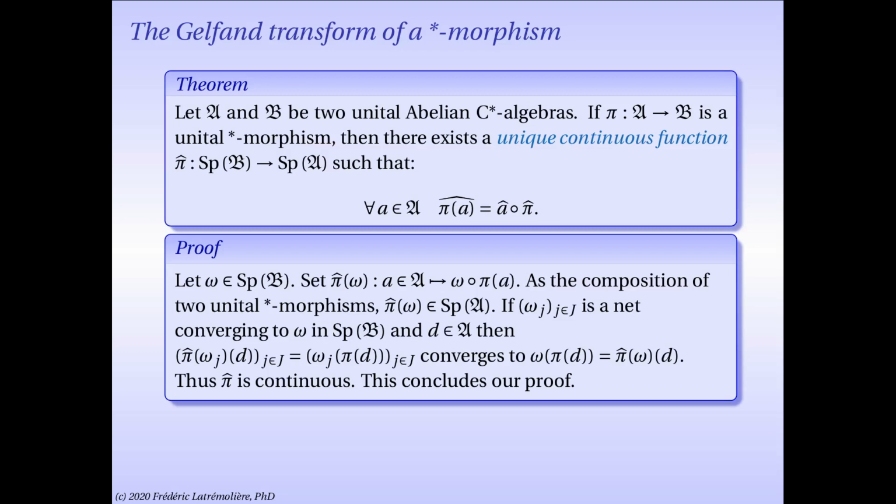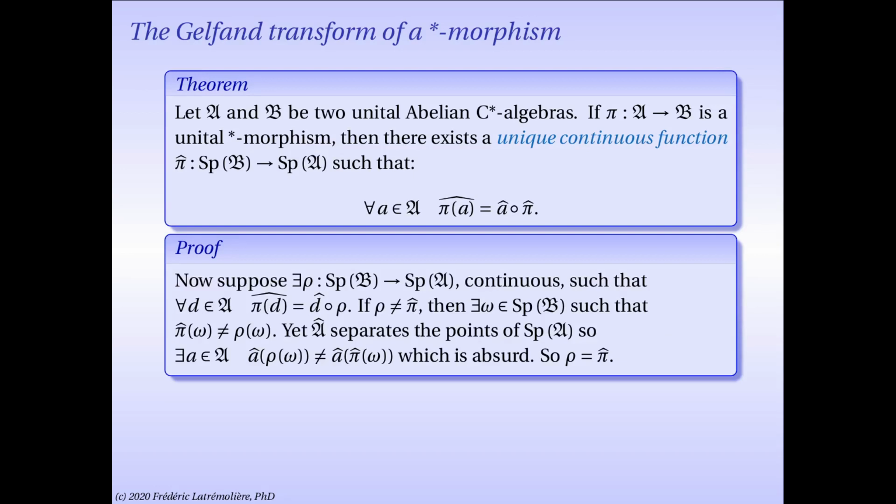But then you unwind all this definition, and you end up with omega j at pi of D, and all of that converges by the definition of weak star topology to omega of pi of D, which is indeed pi hat of omega at D. So you see pi hat is a continuous map. And that's it. That's our proof.